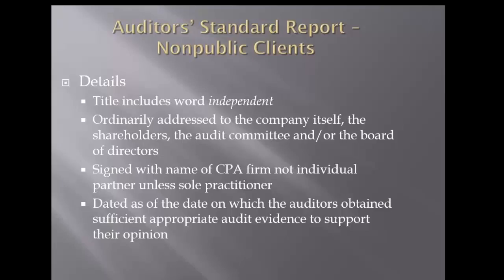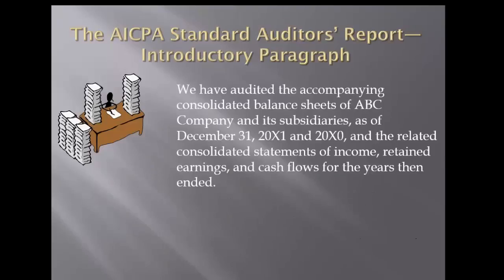Now you notice that it's dated as of the date on which the auditors obtain sufficient and appropriate evidence. So one of the things that becomes very interesting specifically related to this is the fact that there is a process. The process is that we are engaged in the audit.